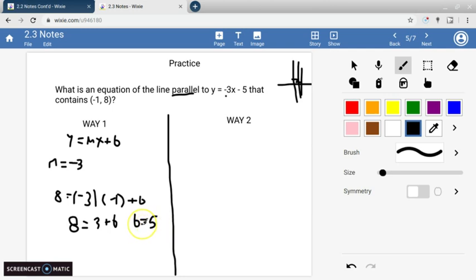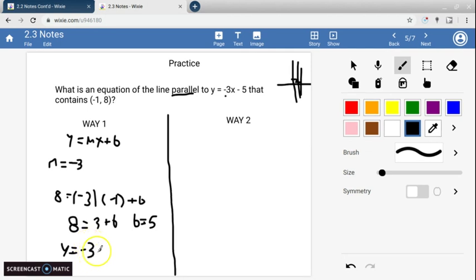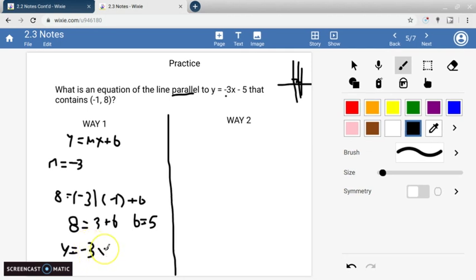Well, good. We know b is 5, but that doesn't solve what we're being asked. Now we need to rewrite the equation. We just leave x and y as they are. So we have the y, and it is equal to m, which is negative 3x. And then what is the y-intercept?